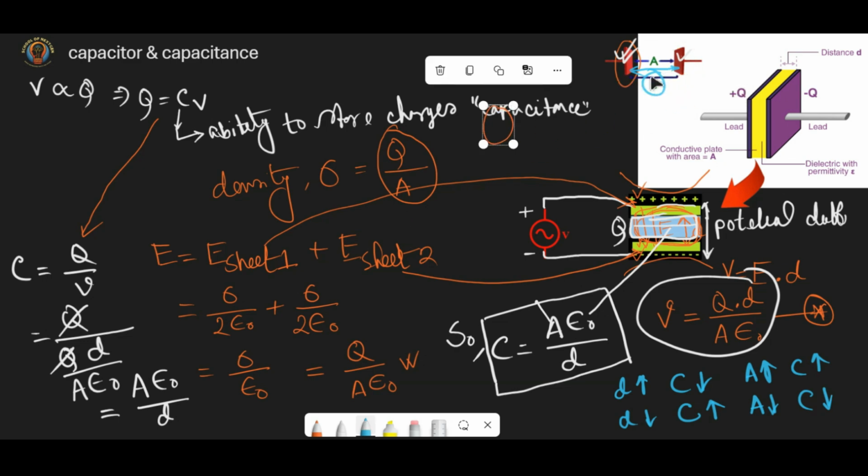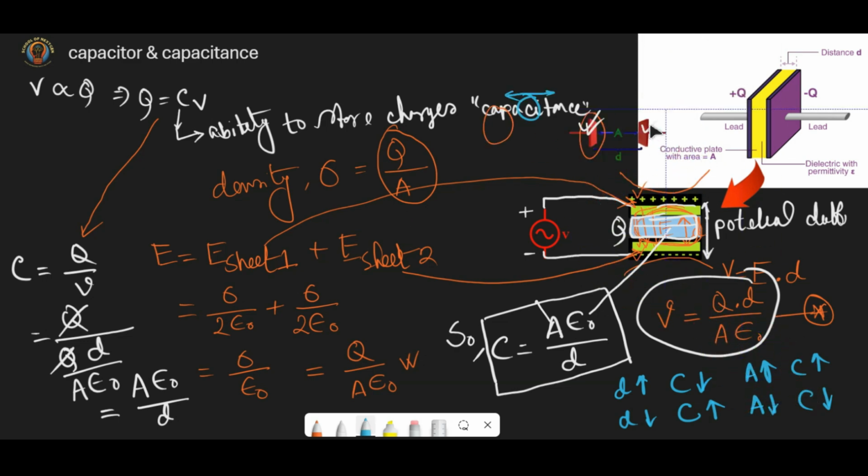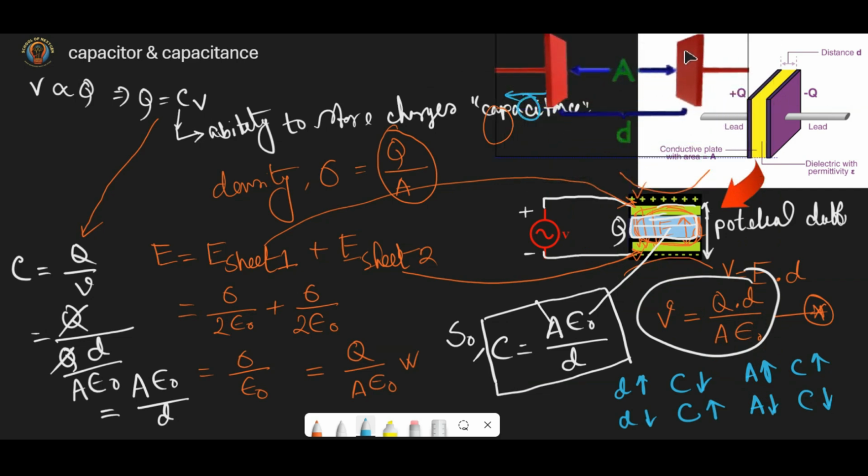So if we take the schematic diagram of the capacitor, if the area is increased, the capacitance is also increased, and obviously we can see from the schematic diagram that if the distance is increased, the capacitance will be decreased. So by this empirical equation we could find out the exact value of capacitance.